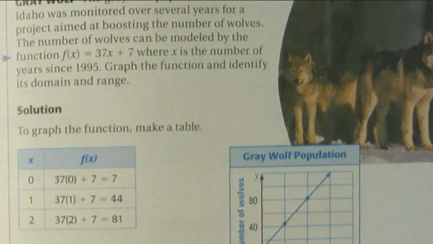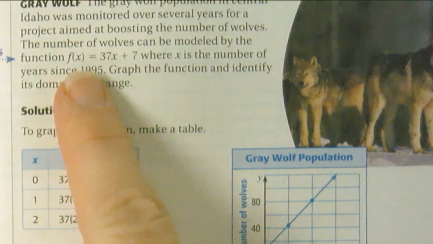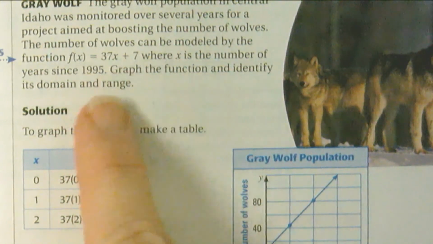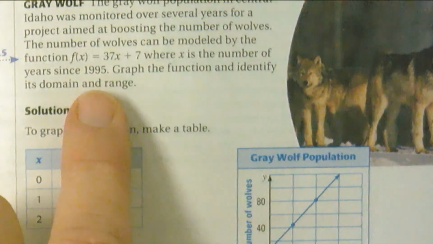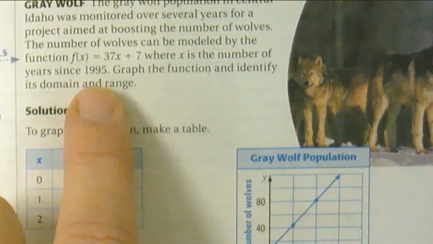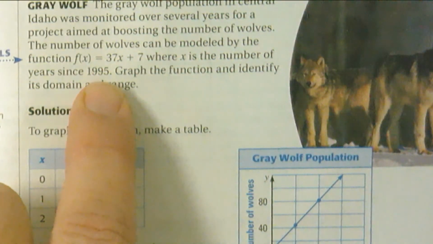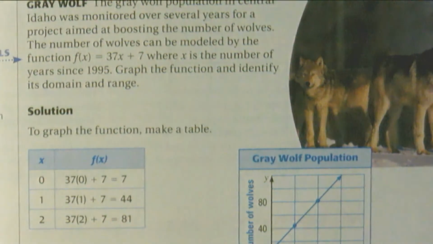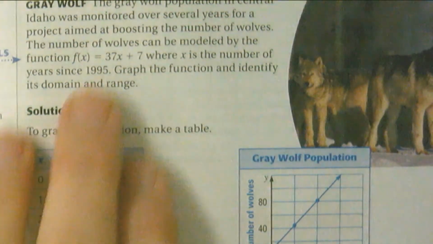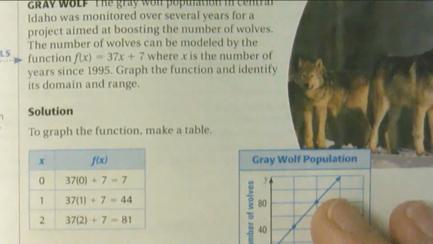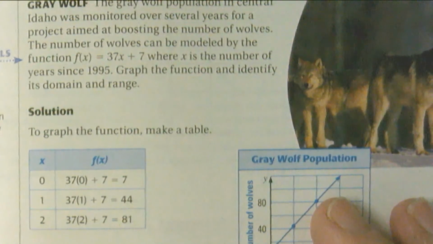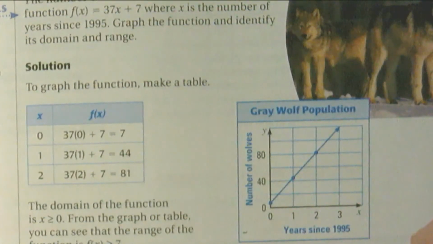This was a function of the number of wolves we have during the time period of 1995. It says the number of years since 1995. So there was not an end date on this. So it was just since 1995. So we used just 0, 1, 2, and 3, or 0, 1, 2 to come up with a graph. All right, and then once we got our graph, we looked at our domain.